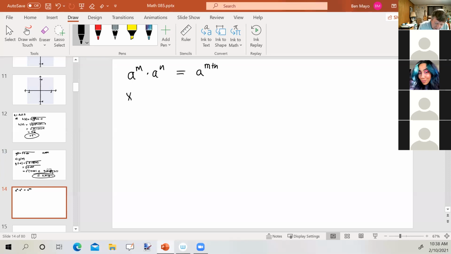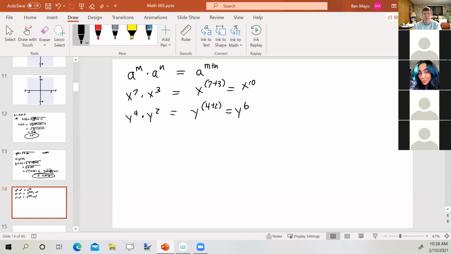So for instance, x to the 7th times x cubed would be x to the 7 plus 3 power, or x to the 10th power. Y to the 4th times y to the 2nd would be y to the 4 plus 2 power, or y to the 6th power. Any questions about that rule? Okay, so that's one of them.